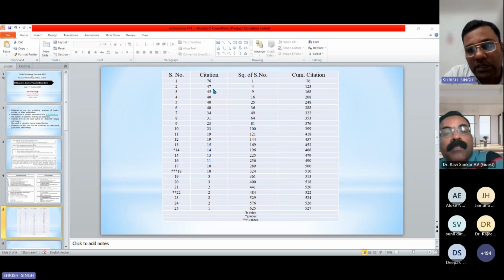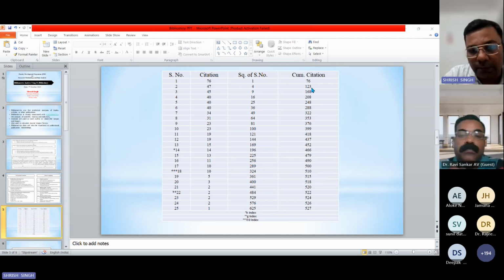So suppose the first citation is 76, so the cumulative citation will remain 76. Why? Because before this there is no citation. But for the second article, the citation is 47. Before this, we already have 76 citations. So the cumulative citation will be 47 plus 76, that is 123. The next one is the third, having its own individual citation of 45.